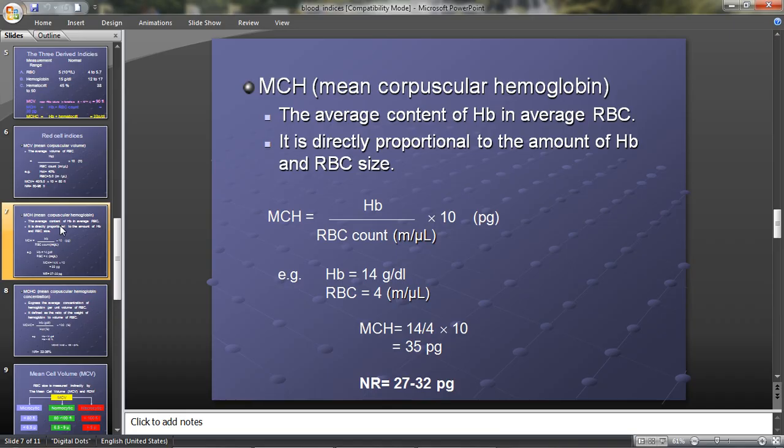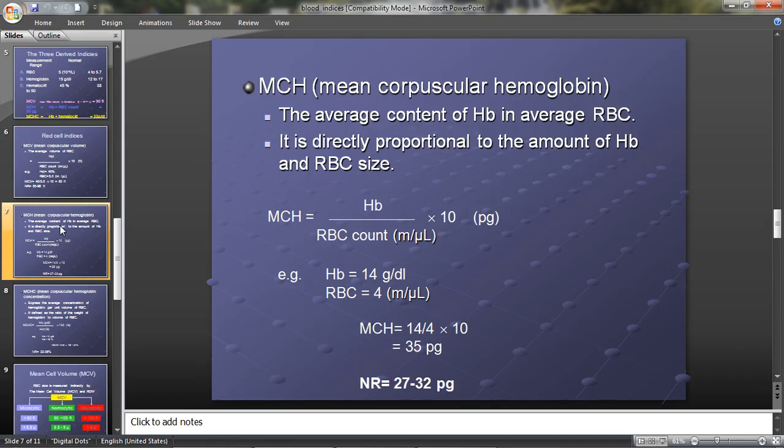The formula for calculation is MCH is equal to hemoglobin in grams per deciliter divided by RBC count in million per microliter multiplied by 10, and the unit of expression is picogram.